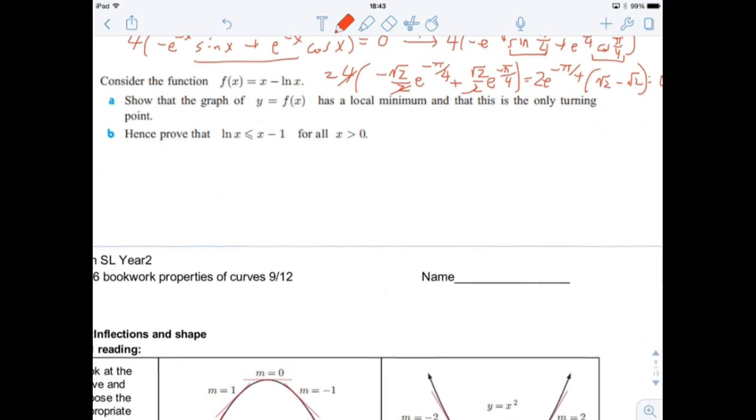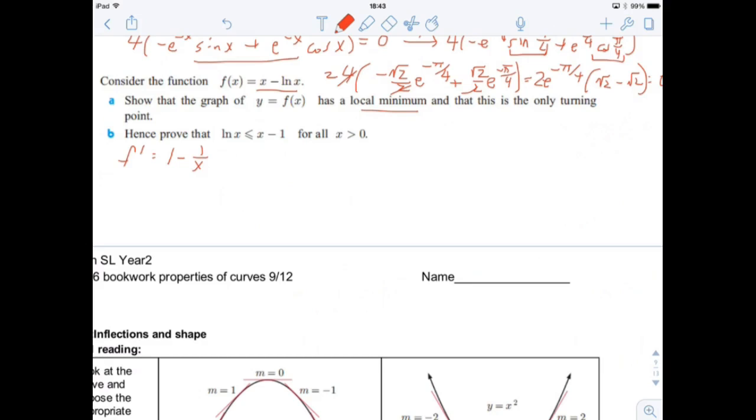Consider the function x minus log x. Show that the graph of y equals f of x has a local minimum and that this is the only turning point. Okay, so what do you know? We're going to take the derivative again. So the derivative is 1 minus 1 over x, right?